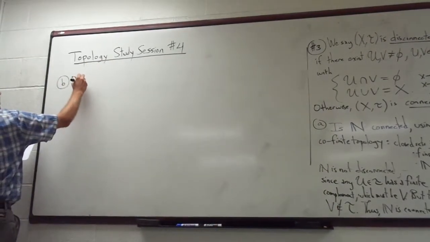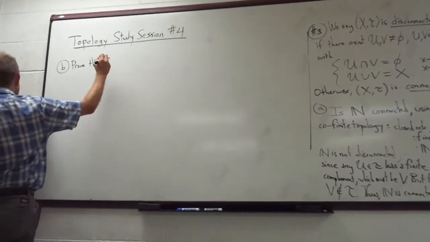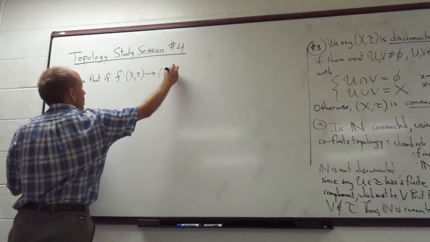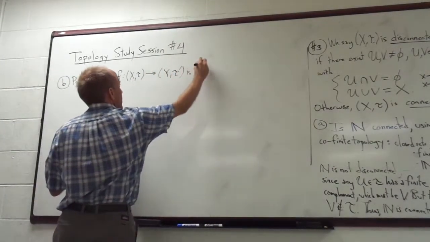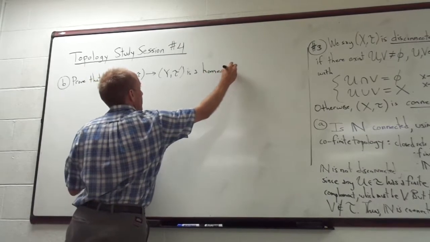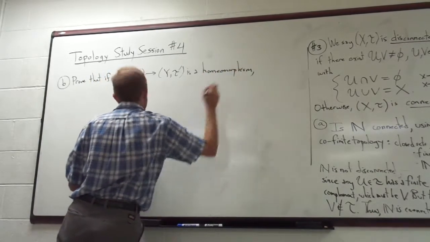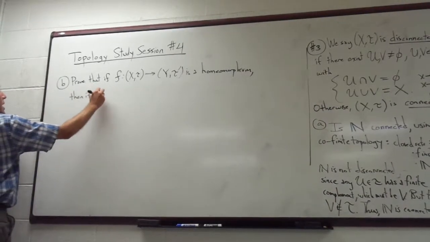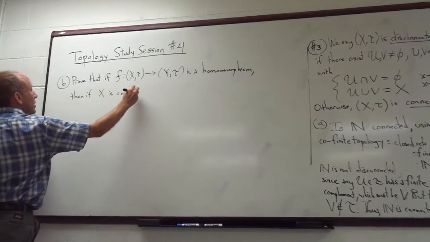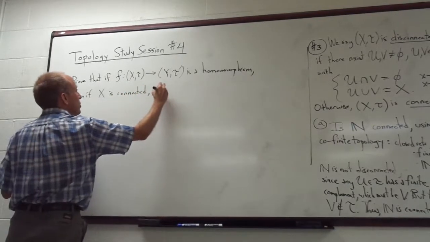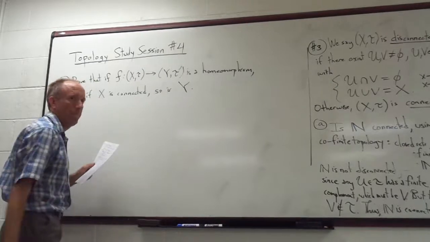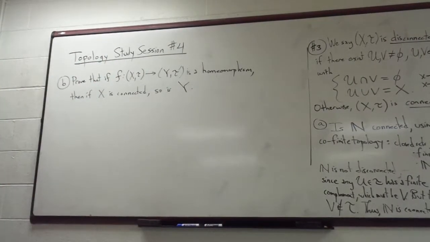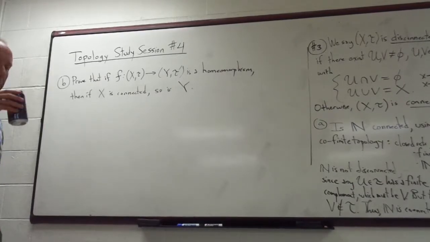So prove that if f that goes from (X, tau) to (Y, tau prime) is a homeomorphism, then if X is connected, so is Y. So if X is connected, then so is Y.